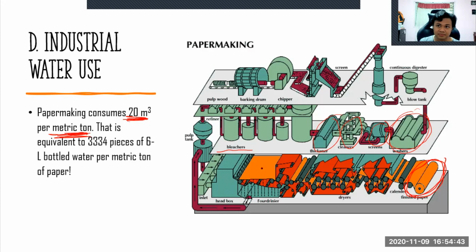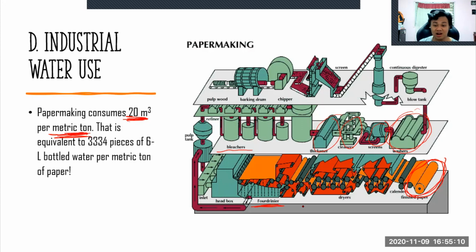Then you have to form them, and this is what is called a fourdrinier. Maybe I can put a link of how paper is made in the plant, so that you can imagine how water is really used in a paper making company. It's a really huge consumer of water.